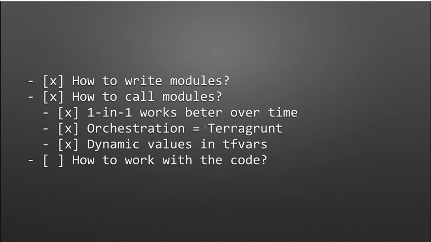So all-in-one in general works better over time, and orchestration is not Terraform but Terragrunt, and dynamic values in tfvars exist with hacks. And there is no intention from Terraform to make it a feature of Terraform, just to make it clear. One way you can do this is that you have to compute these values in runtime and pass them as variables as a CLI argument.